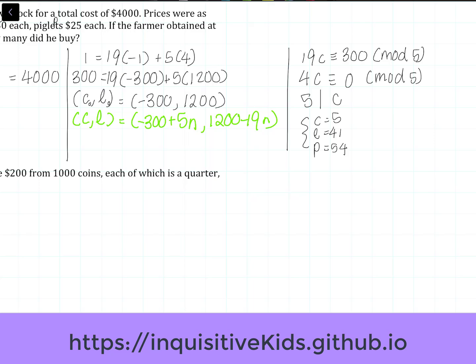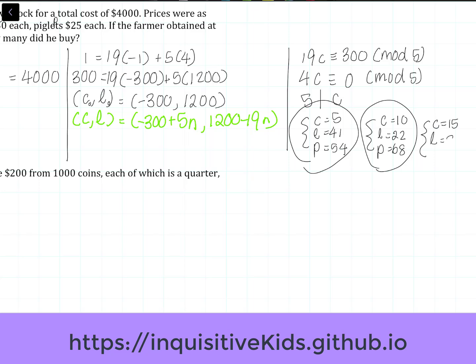That is one solution. Another solution is if C was equal to 10, another multiple of 5, L would equal 22, and P would equal 68. This is another solution. Finally, if C is equal to 15, L would be equal to 3, and there would be 82 piglets.